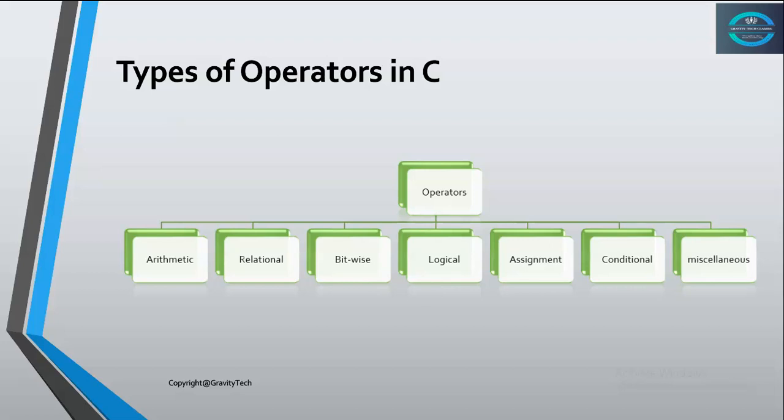We'll see in detail. Assignment operators, A is equal to B and all. Conditional operators, and then miscellaneous. Okay, so we'll see all these operators in detail, right? Just for now, remember there are 7. Those are basically categorized into 7 different types. Okay.